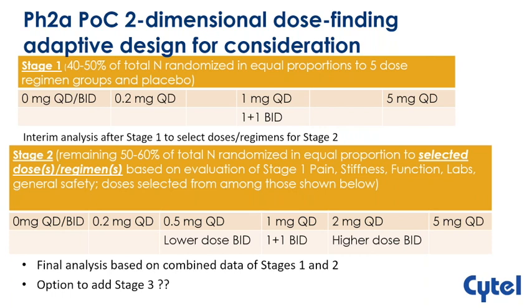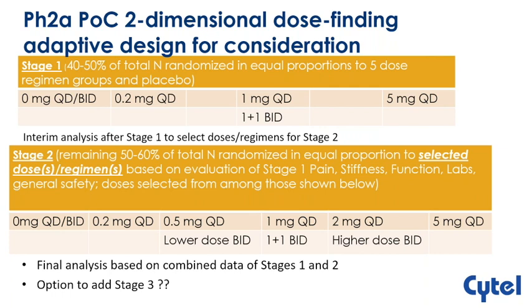In this trial, 40 or 50% of the total sample size was randomized in equal proportion to 5 treatments, as shown in the matrix below. The 0 dose, which is placebo, and then once-a-day doses 0.2, 1, and 5 milligrams. And then we wanted to also study a twice-a-day dose. And so there was a twice-a-day dose.